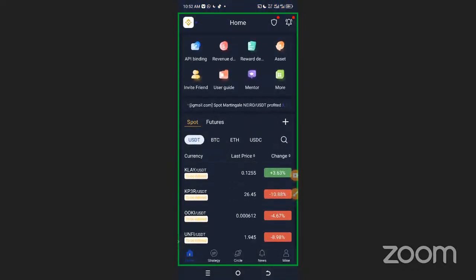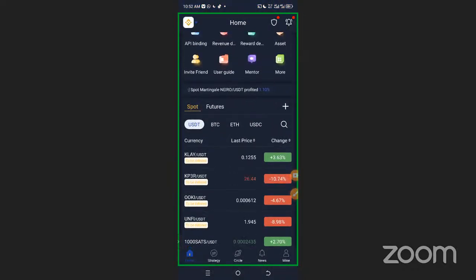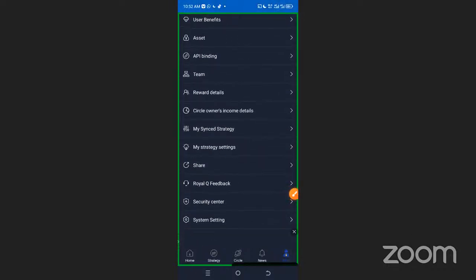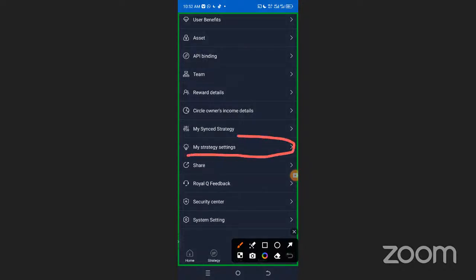Open the RoyalQ account. When you open your RoyalQ account, come here. Click on Mine. Click on Mine here. When you click on Mine, come here to My Strategy Setting. You click on this arrow.